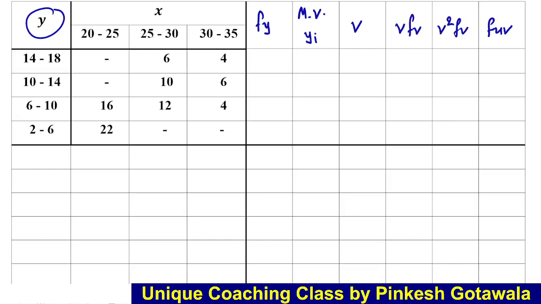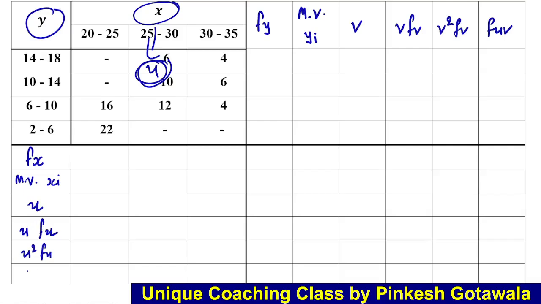Now this side is x and u is present. So the first column is our frequency fx, then mid value, that is xi, and u is present, so the next columns are u, then fu, u square, u square fu, and last fuv.